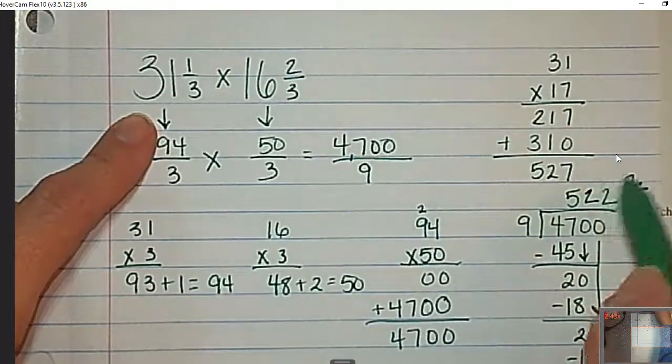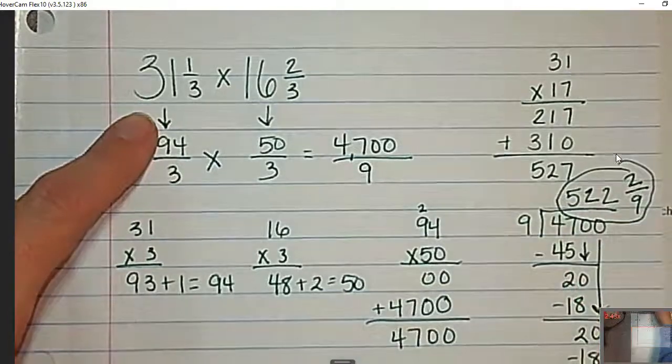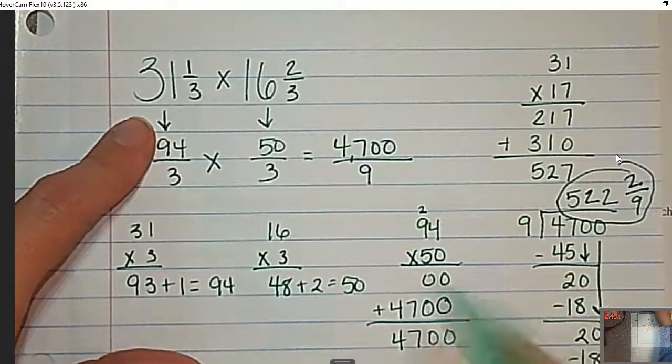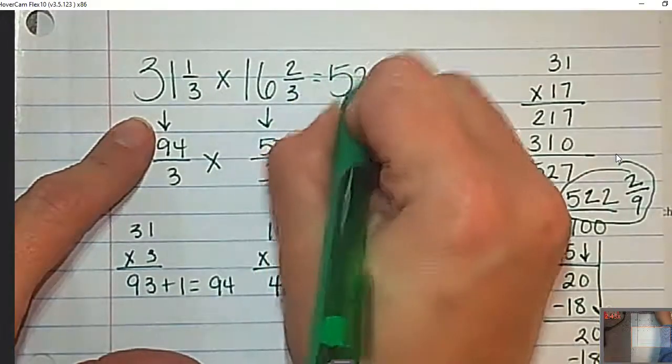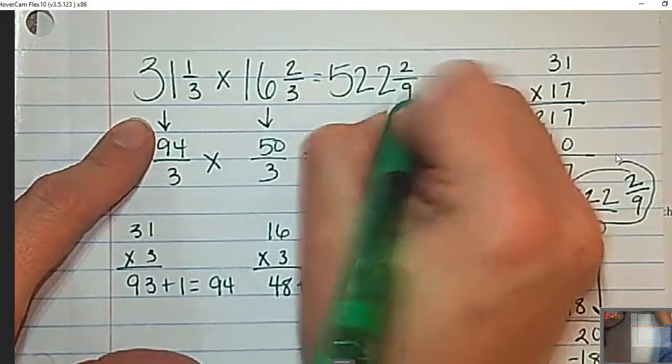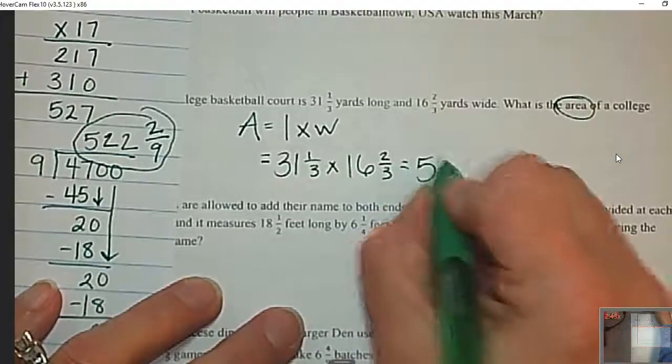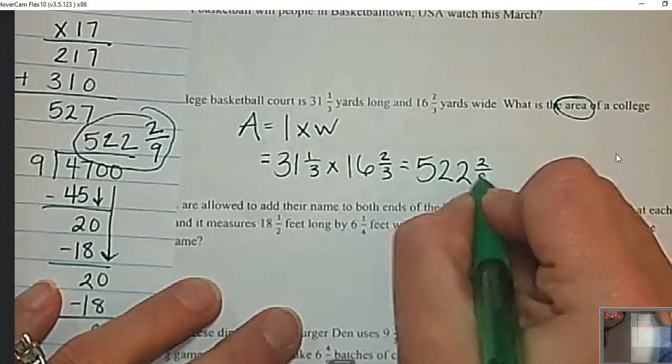I'm happy with my answer. 527 and 522 and 2 ninths is reasonable, wouldn't you say? So it is reasonable. So 522 and 2 ninths, I'm going to write there. And then, of course, your particular teacher would also like you to write it on the worksheet and circle it.